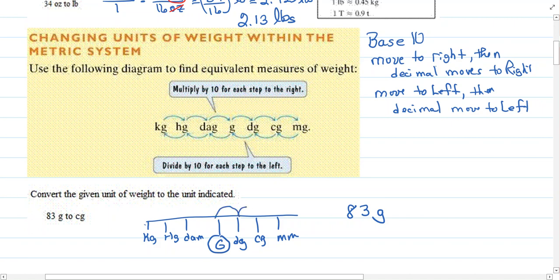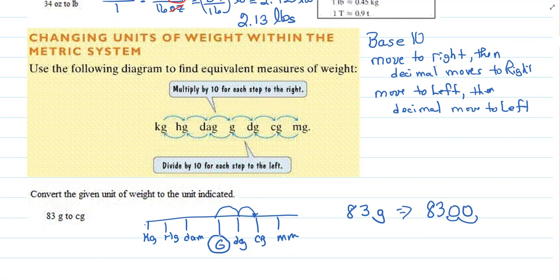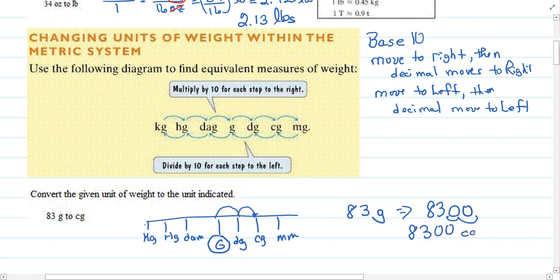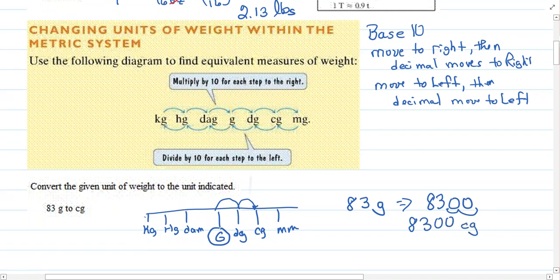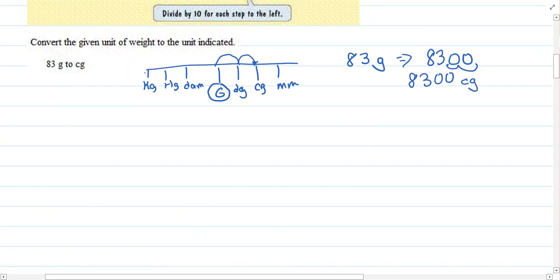So we're moving to the right 2 places. So we take the 83 and place a decimal and move to the right 2 places, because every whole number ends in a decimal, and our answer is 8,300 centigrams. And that's what we do. Nothing difficult.